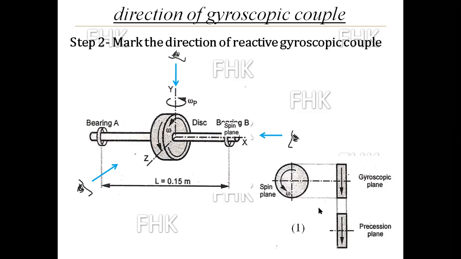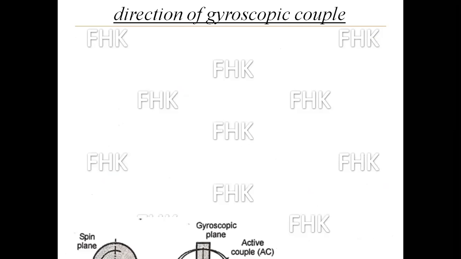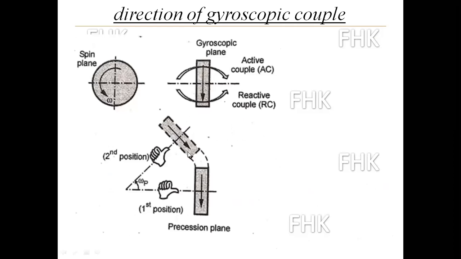So this was our first step, in which we drew the three views of a rotor and showed the direction of rotation as per the problem statement. The second step is to find the first position and second position in precession plane.